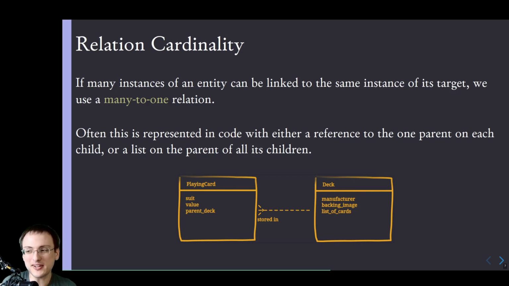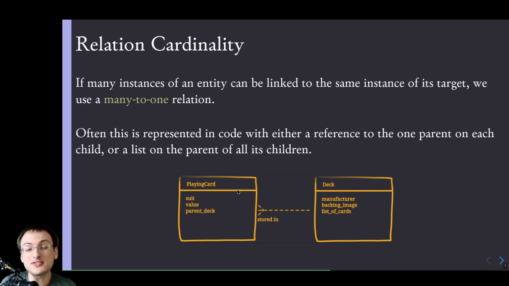An example here is we've got a playing card, and every playing card knows things like its suit, its value, and then we've got a deck of cards. A deck of cards might know about things like a manufacturer and the backing image that's on the back of every card. But this one deck needs 52 playing cards.